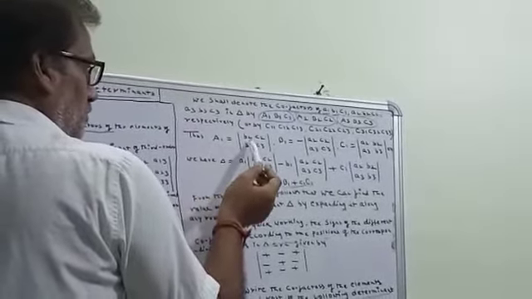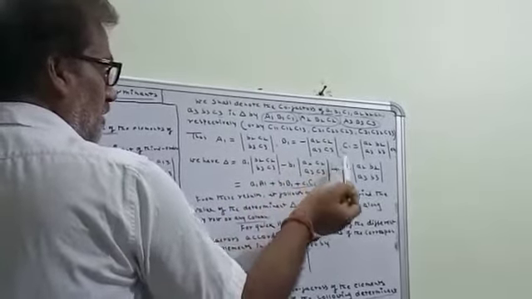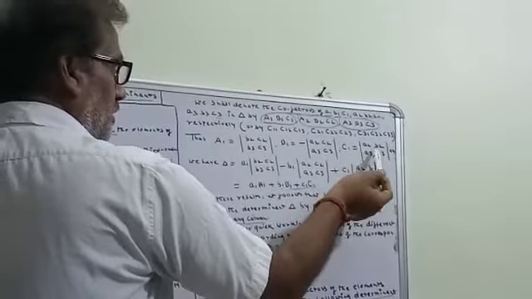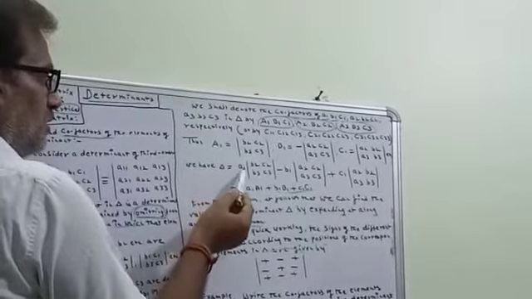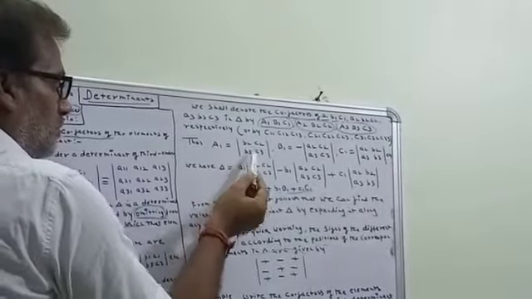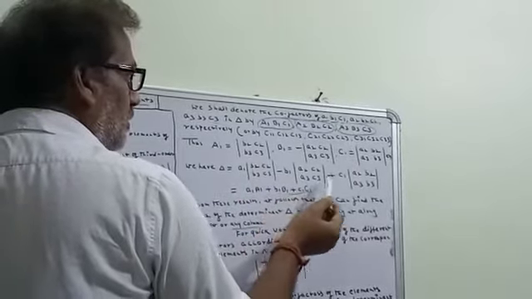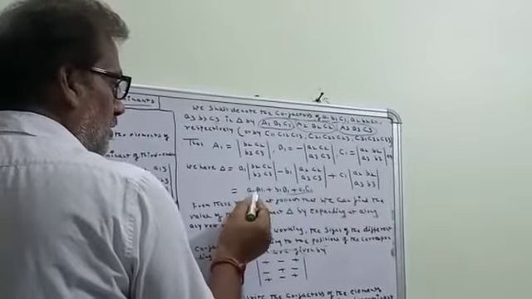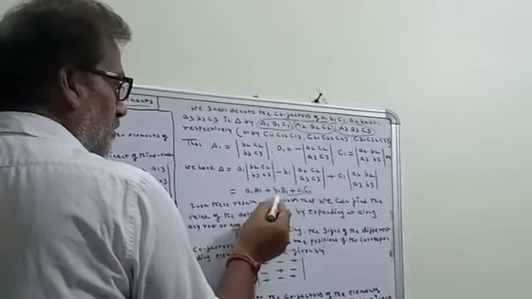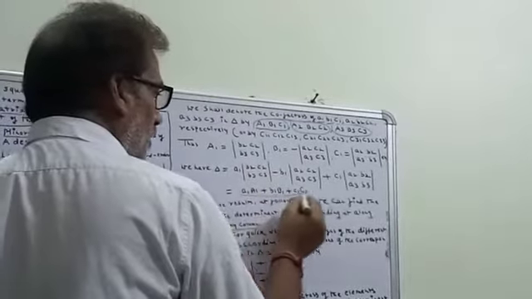Thus in capital letter A1 equal to B2 C2, B3 C3, B1 equal to minus here, C1 equal to plus A2 B2, A3 B3. Thus we have delta equal to A1, B2 C2, B3 C3, minus B1, plus C1, or written as A1 into capital A1 plus B1 into capital B1 plus C1 into capital C1 in this form.